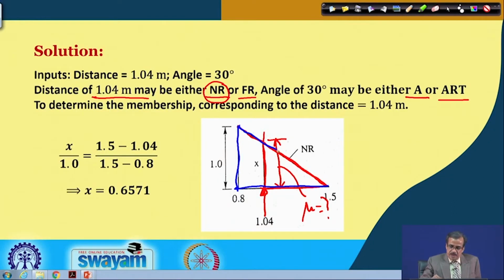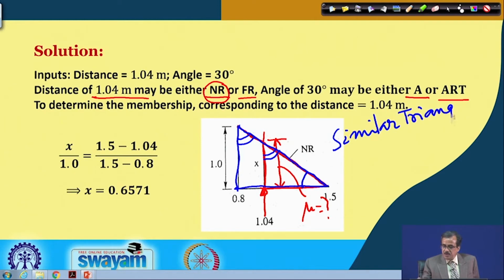If these two triangles are similar, then this angle is common to both the triangles, and this particular angle is equal to that particular angle. So, I can use the principle of similar triangle, and very easily I can find out what should be the mu value.